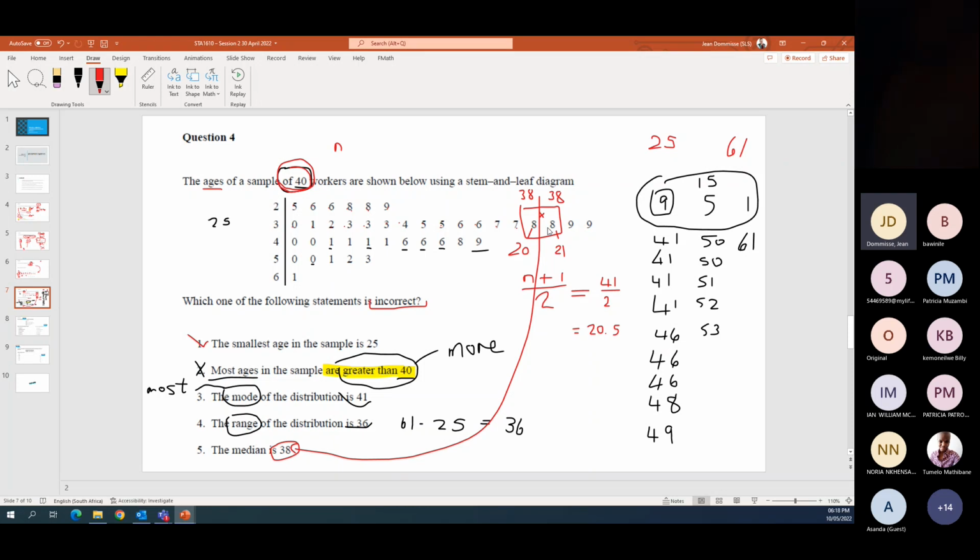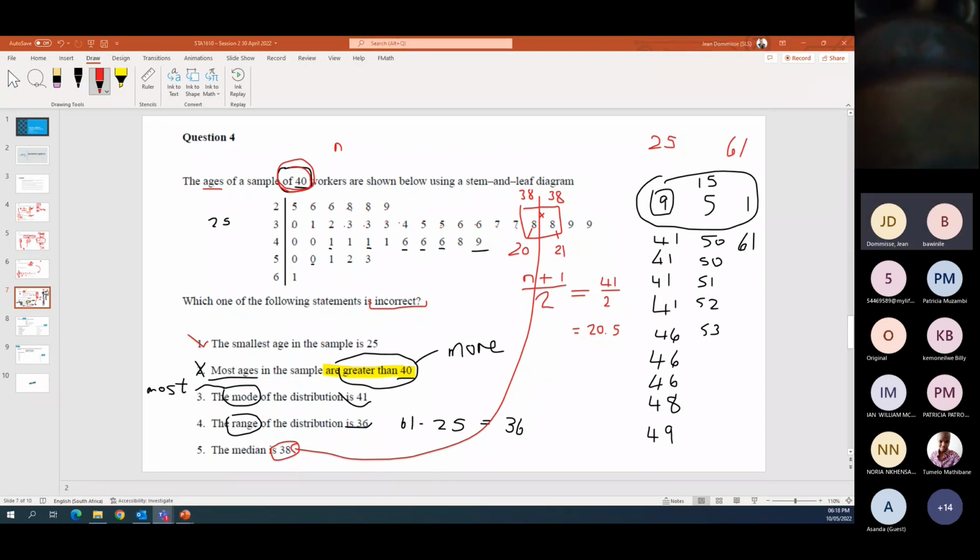If it was, say, between 58 and 59, then we would have said, okay, what's in the middle of 58 and 59? In the middle of 58 and 59 would have then been 38.5.